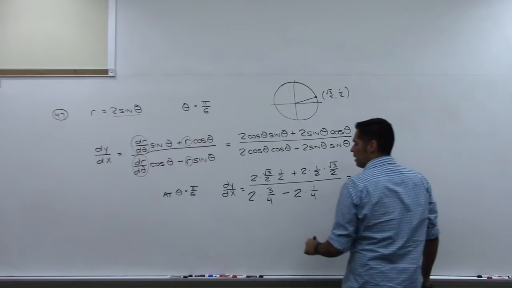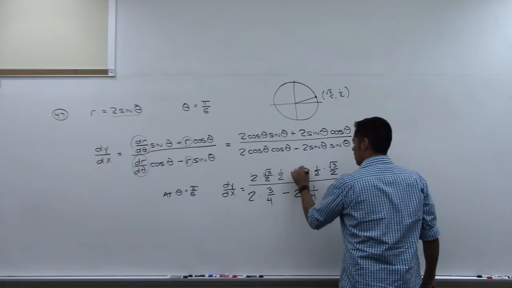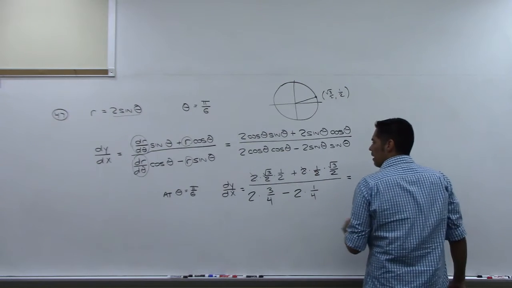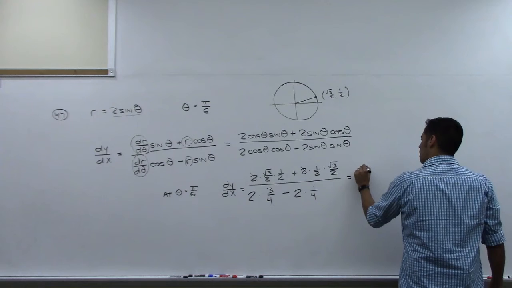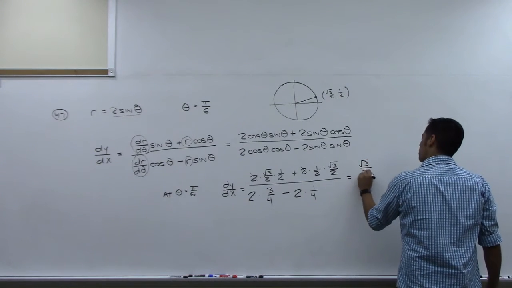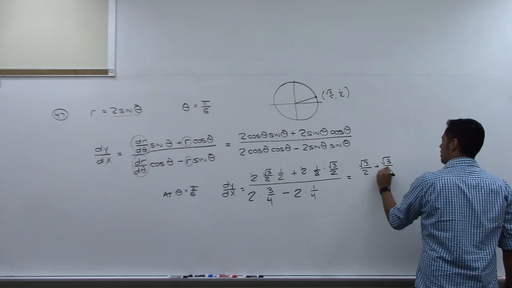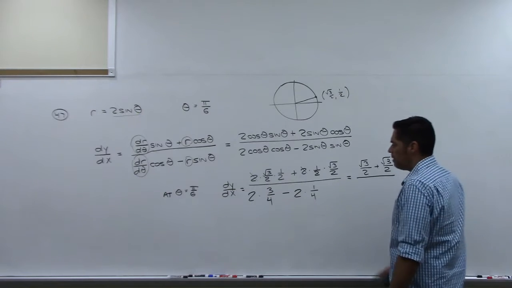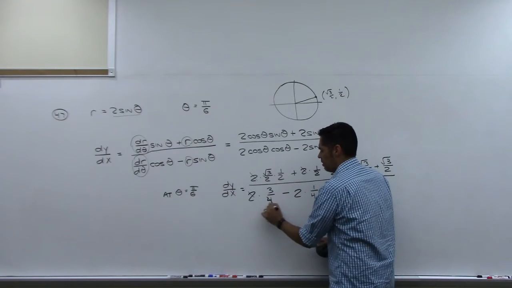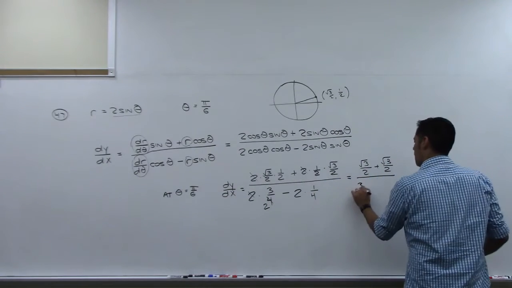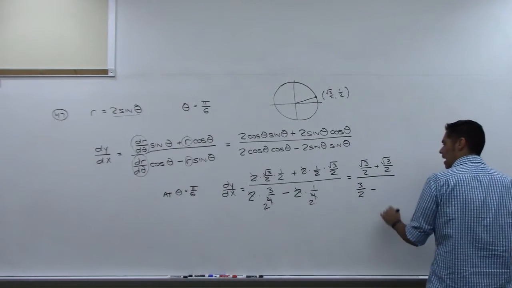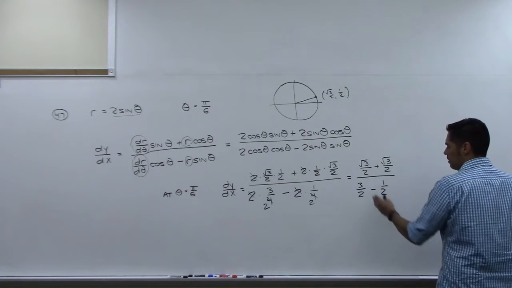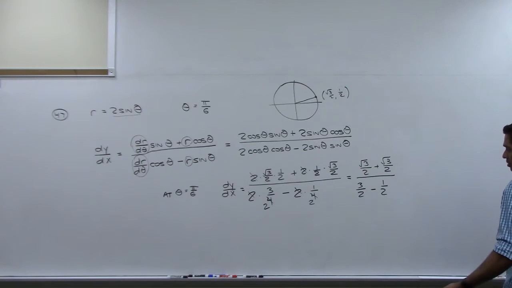So let's try and clean things up here. These 2's cancel, these 2's cancel. Here we just get root 3 over 2, here just root 3 over 2. So we have root 3 over 2 plus root 3 over 2. I'll combine those again in a minute. And then here, in this, we get 3/2 minus 1/2. 3/2 minus 1/2 is just 1.